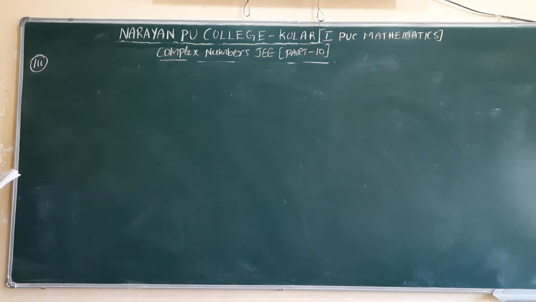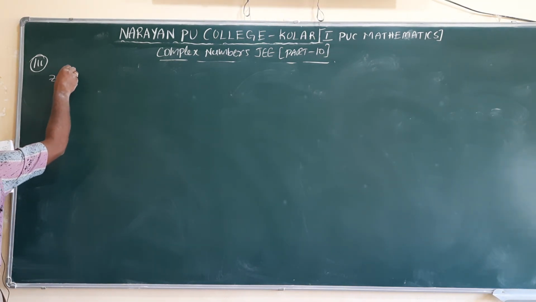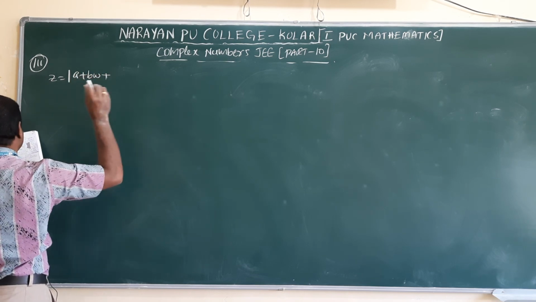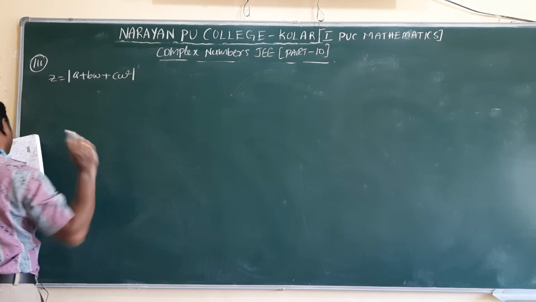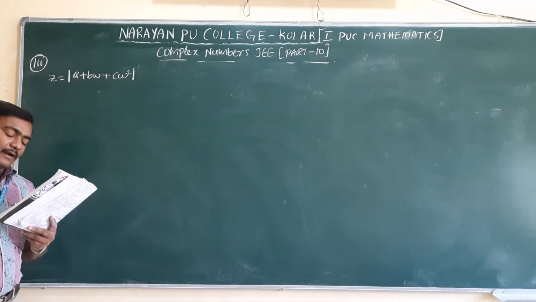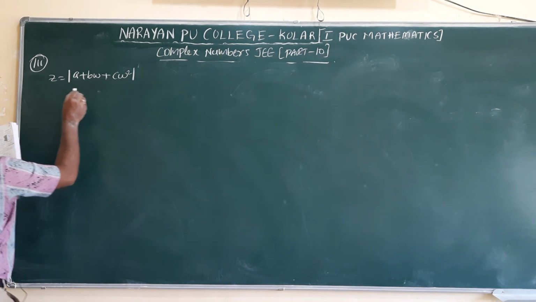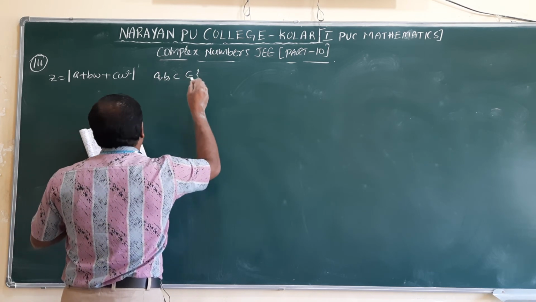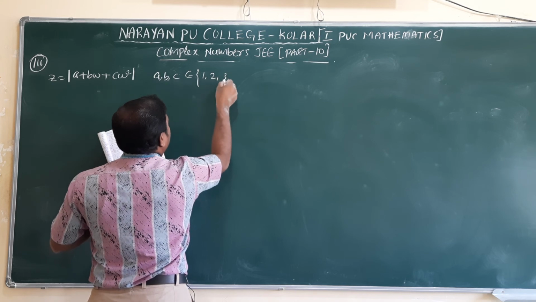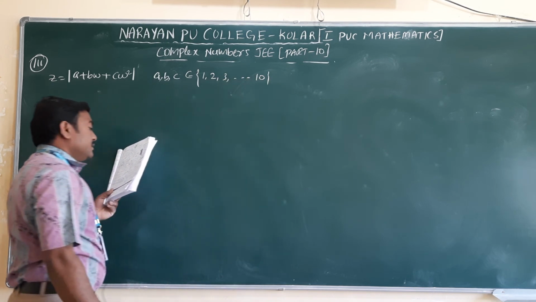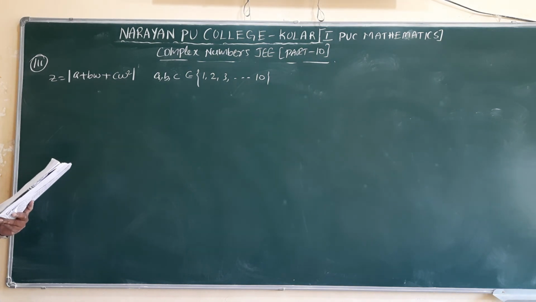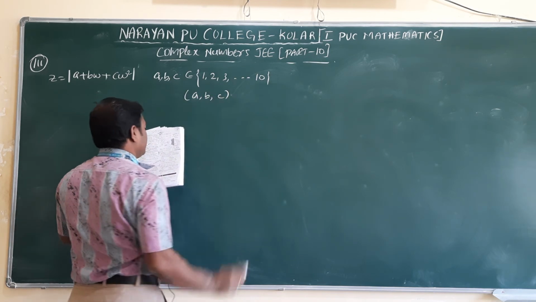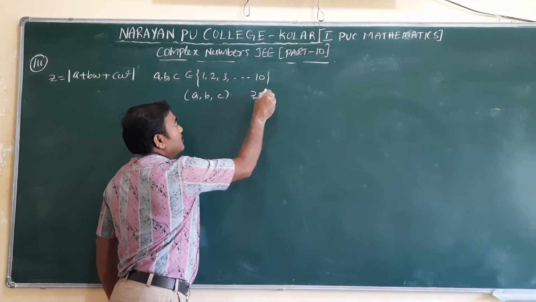Question 111. If z is equal to modulus of A plus B omega plus C omega square, where omega is the cube root of unity and A, B, C belong to 1, 2, 3, up to 10, then find the number of ordered triplets A, B, C for which z is equal to 1.